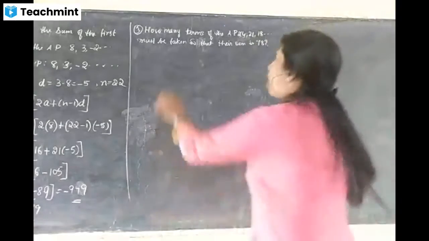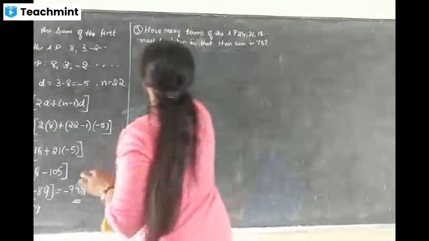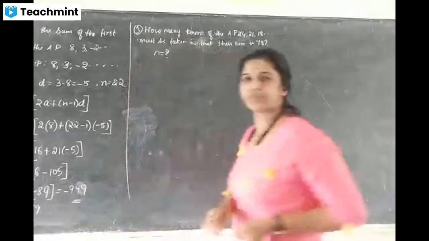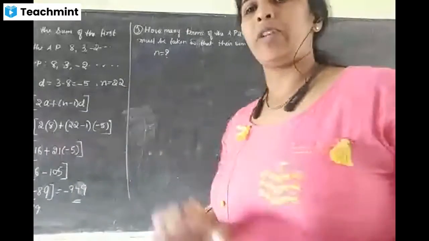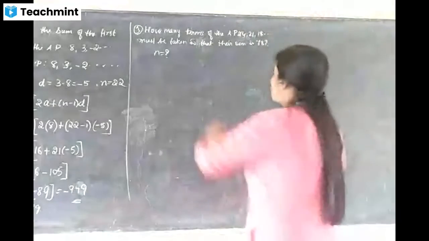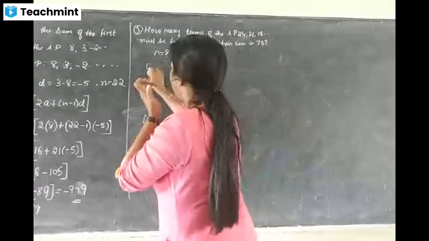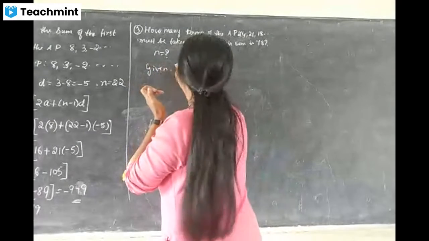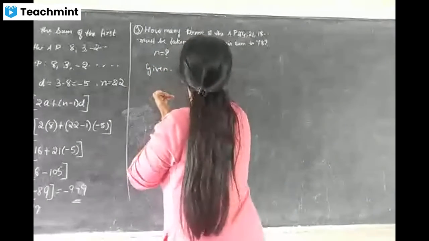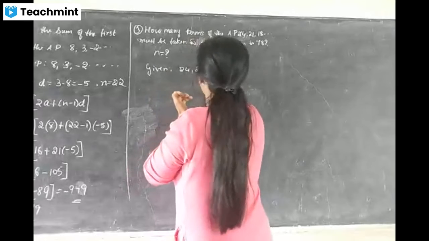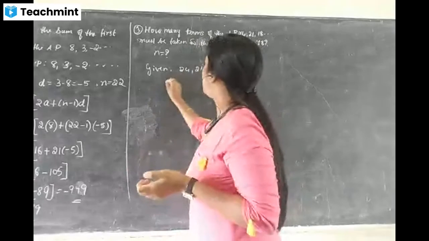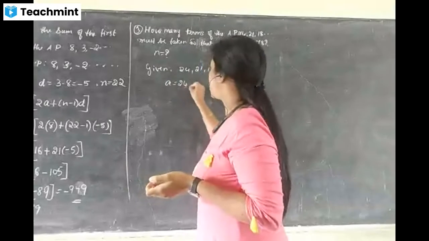Now read the question. How many terms means we must find n. The AP is given as 24, 21, 18, and so on. So what is the value of a here? The value of a is 24.